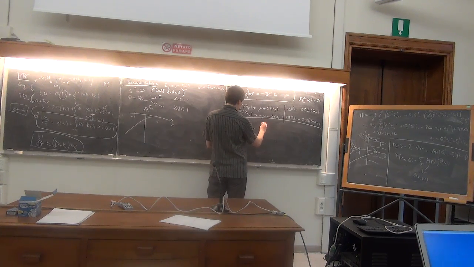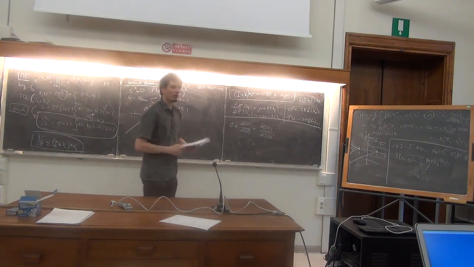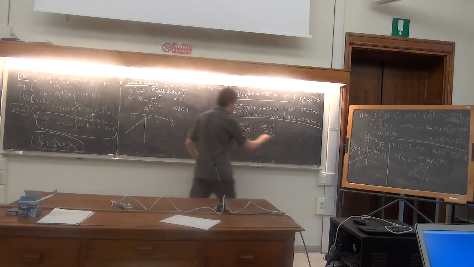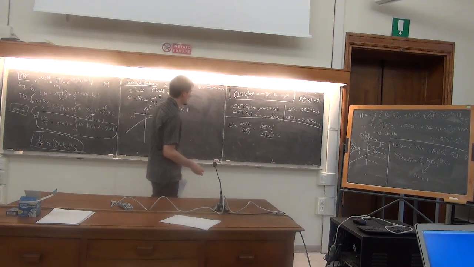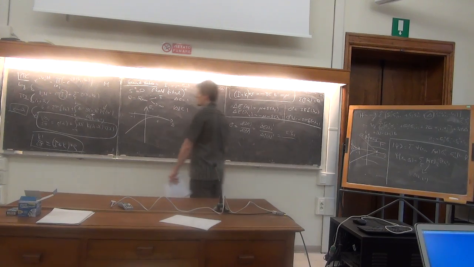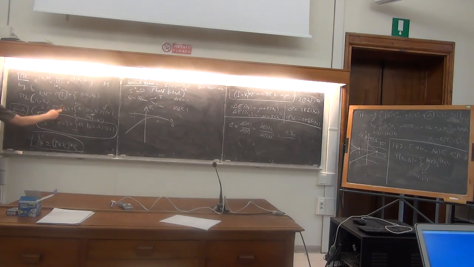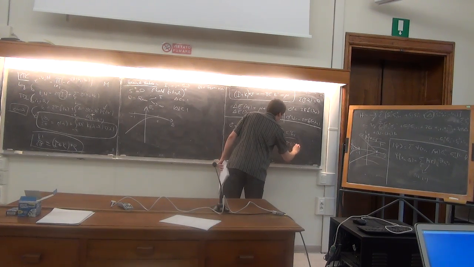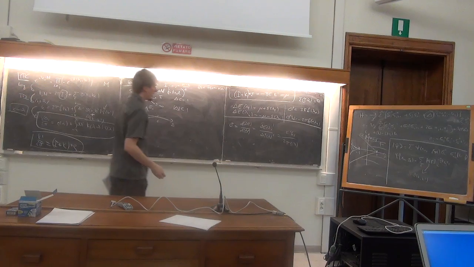But then this is nothing else but, okay, so now prime means differentiation with respect to lambda. And then if you look at these formulas, you see that it's always given by epsilon prime lambda over the derivative of f. The derivative of f was rho.